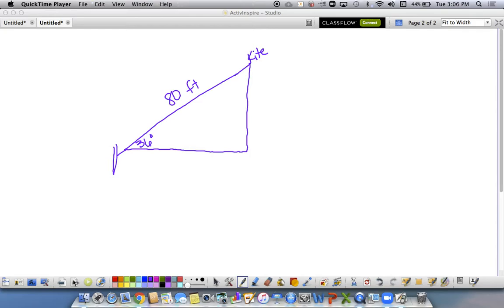It's wanting to know: find the horizontal distance between the kite and the child. Horizontal distance is what? Horizontal is always on the horizon. Okay? So what is the horizontal distance between the child and the kite? Now, are things always going to come down at a right angle?